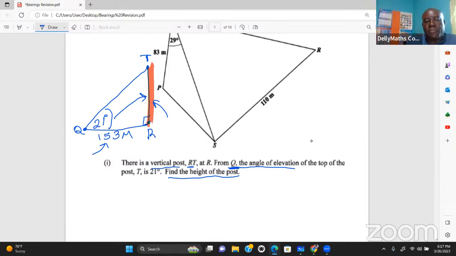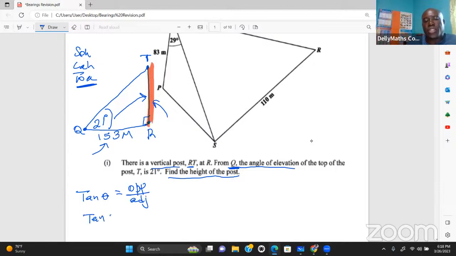We could start off by remembering which of those rules, so you could look at SOHCAHTOA. It's going to be the T, because we're dealing with opposite and adjacent: tangent. The tangent of the angle in the right angle triangle is equal to the opposite side divided by the adjacent side.